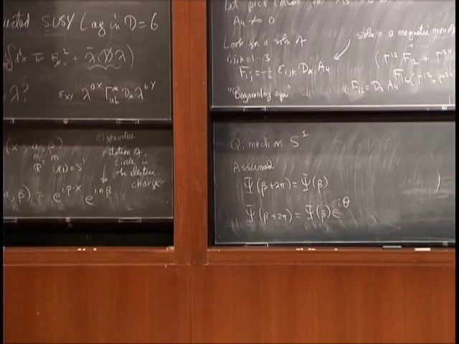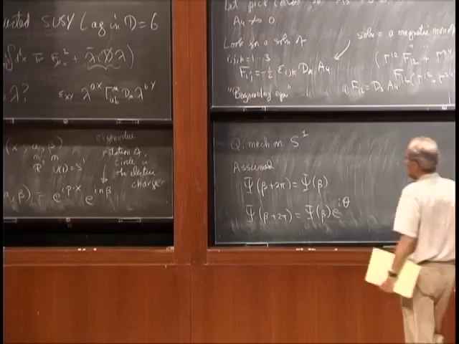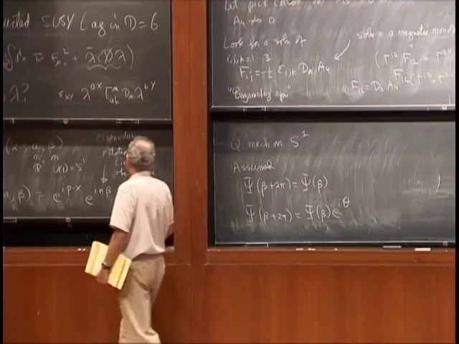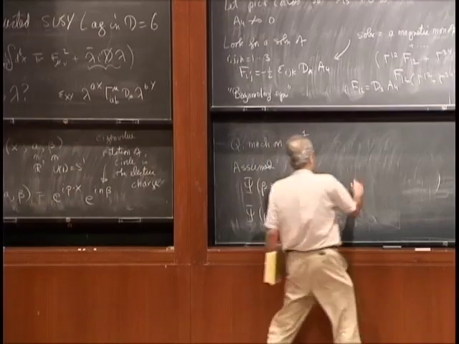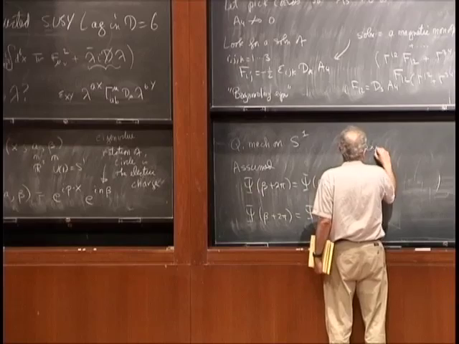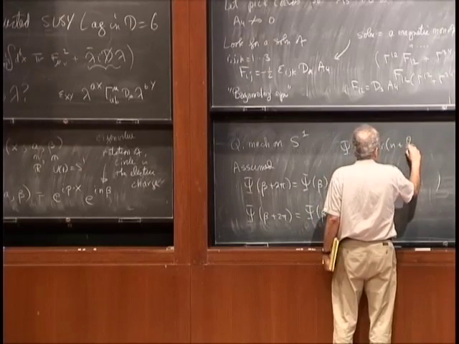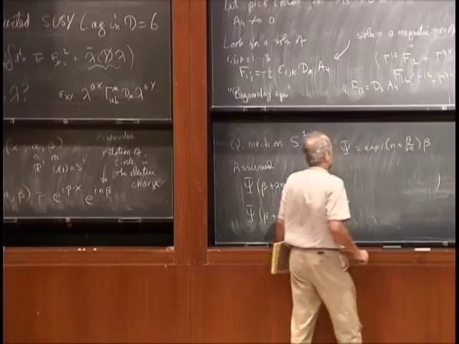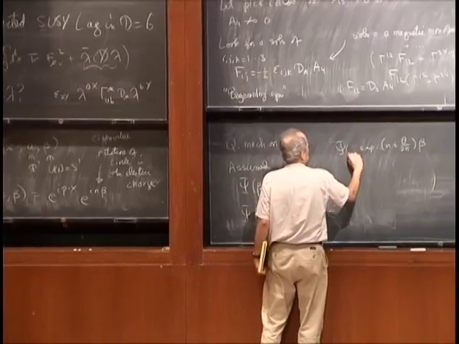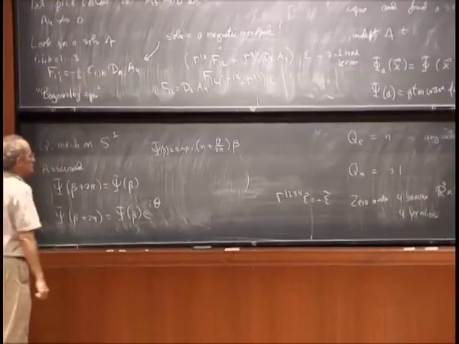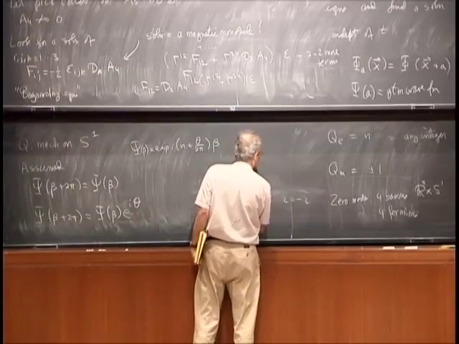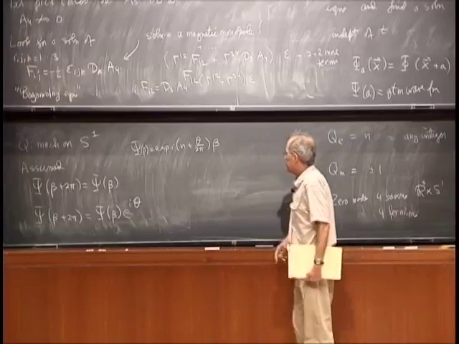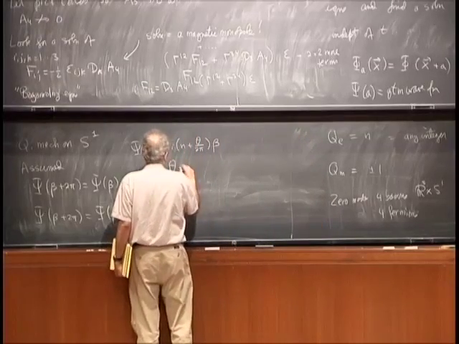If we do that, then a typical wave function would be the exponential of i times n plus theta over 2 pi times beta. And that actually happens to us where theta is the gauge theory theta angle.